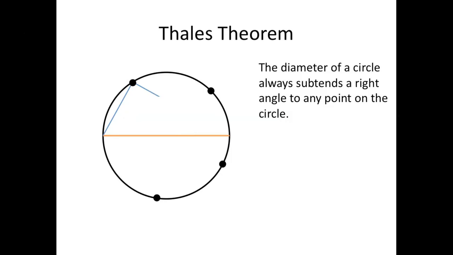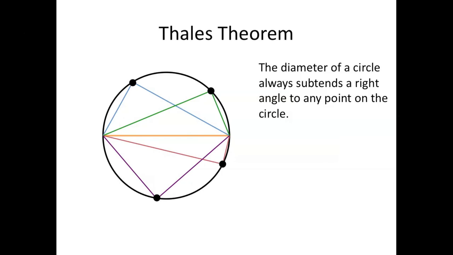So here is one of our first angles, and then here's another one, and then another one, and another one. As you can see, all these 4 angles were drawn from the endpoints of the diameter, but they touch 4 different points along the circumference of the circle.